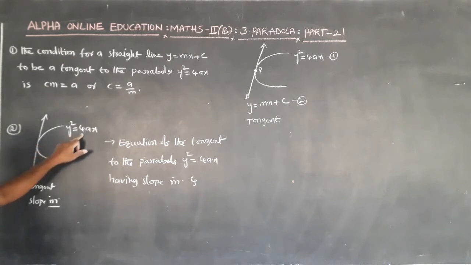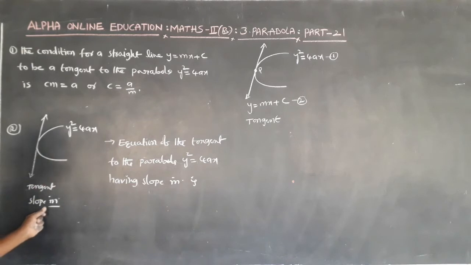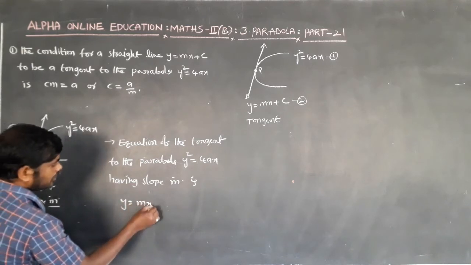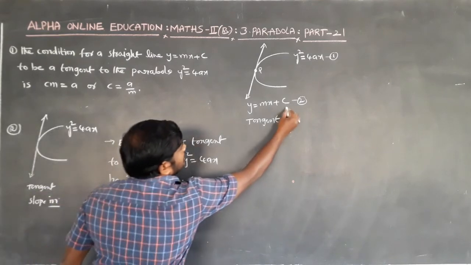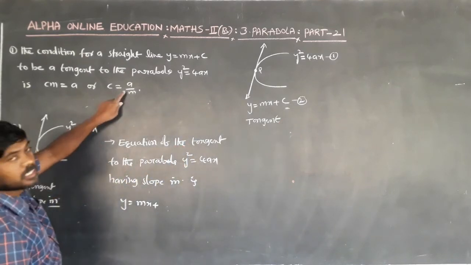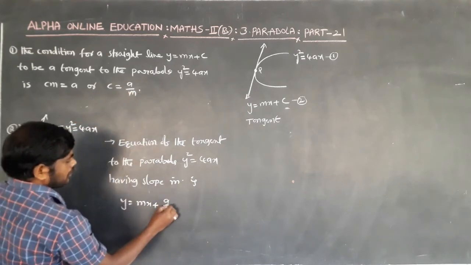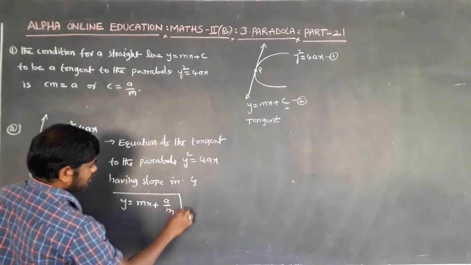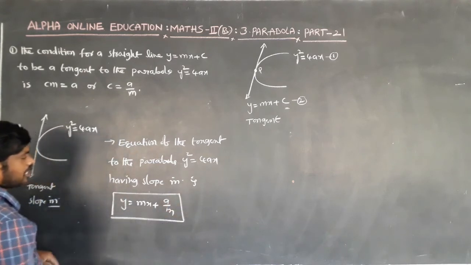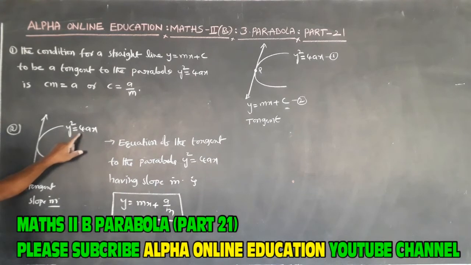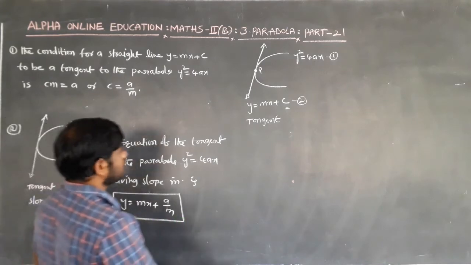It is y = mx + c, substituting c = a/m. This is the equation of the tangent to the parabola y² = 4ax having slope m.